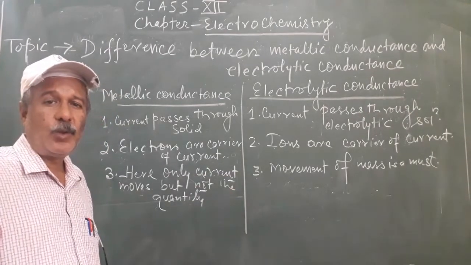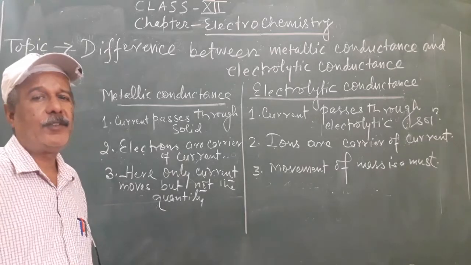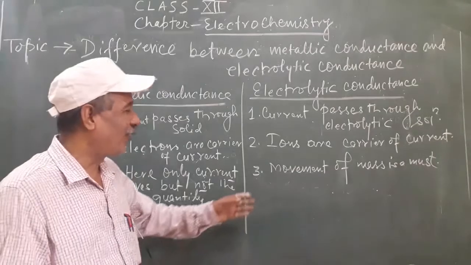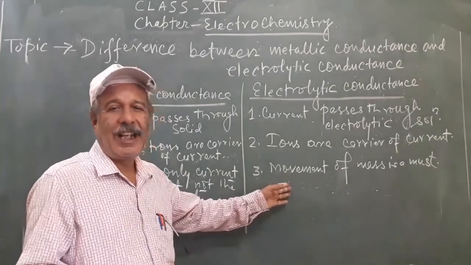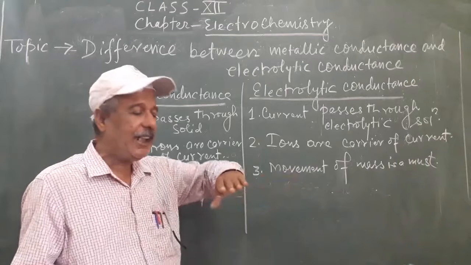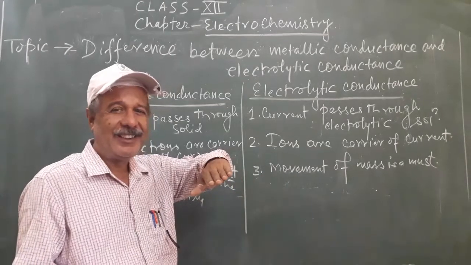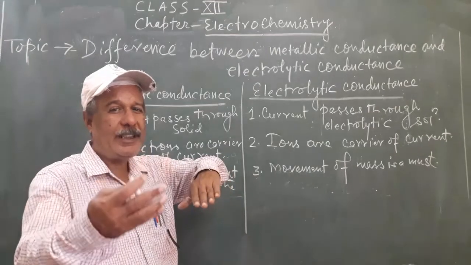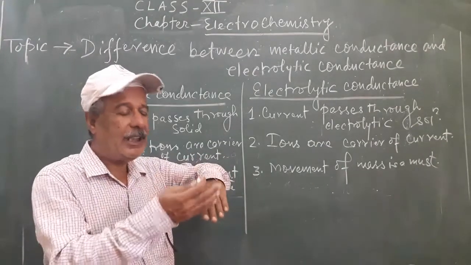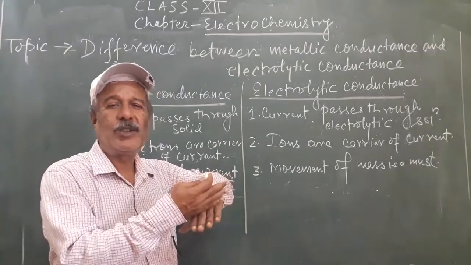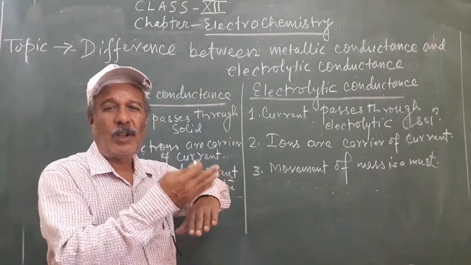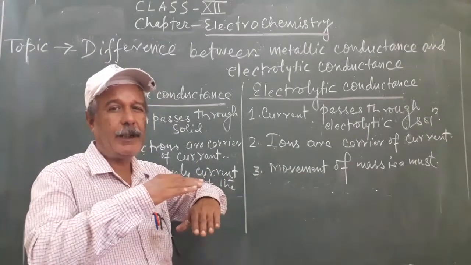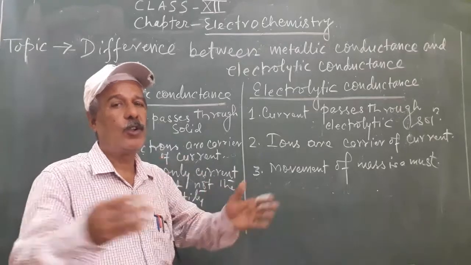Just go to any shop in the market, where so many batteries are dismantled. You will find that electrodes are very dirty. So from where did all the dirt come? Really, quantity flows from the solution and it gets collected on those electrodes. So not only current moves, but due to flow of current, even quantity also moves.